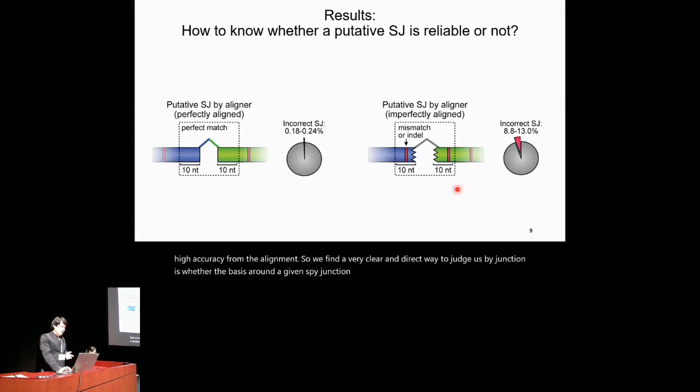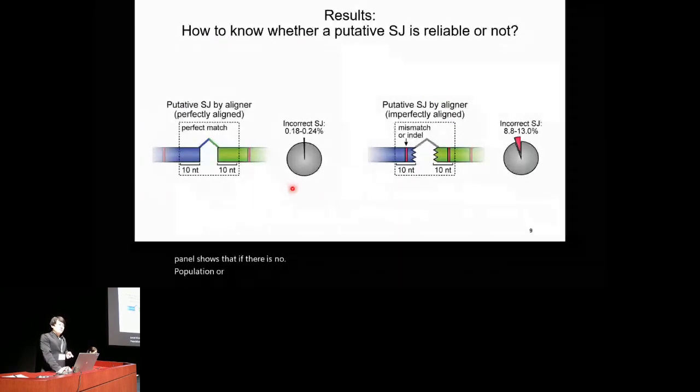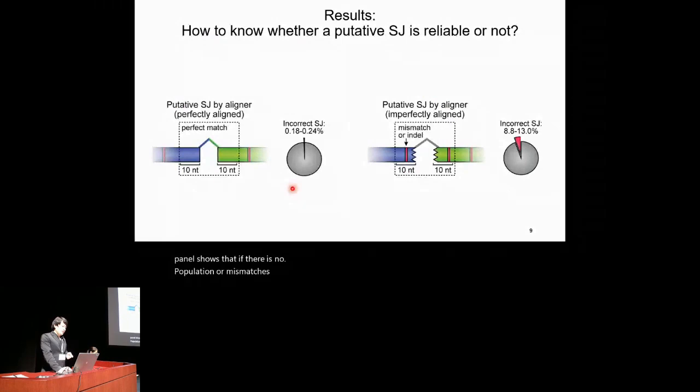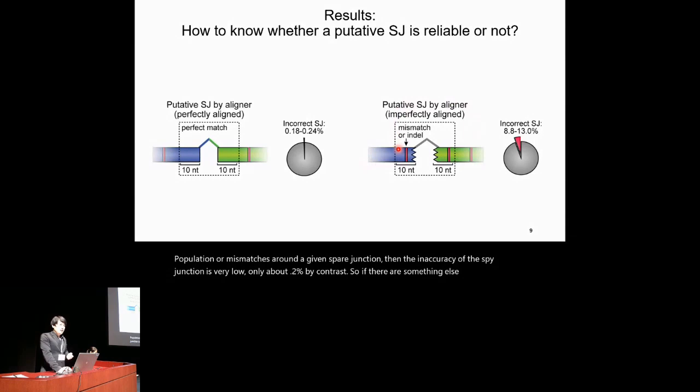For example, the left panel shows that if there is no insertion, deletion, or mismatch around a given splice junction, then the inaccuracy of the splice junction is very low, only about 0.2%. By contrast, if there are some indels or mismatches within the distance, then its inaccuracy could increase by almost 2 orders of magnitude to about 10%.